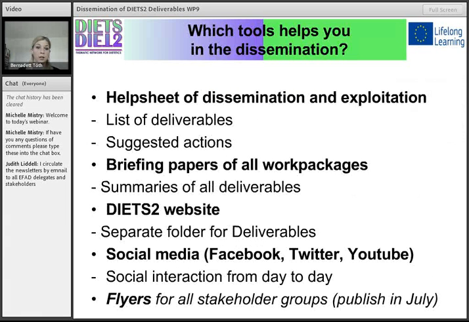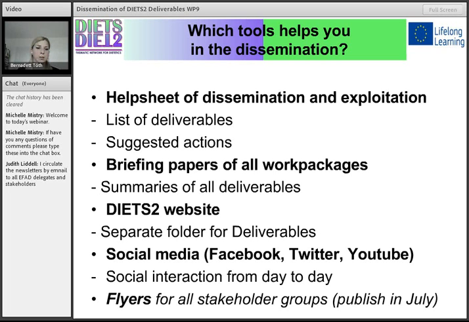We have worked out tools which could help you in the dissemination, because I've just listed how you could disseminate the Diets2 deliverables, but we have worked out a help sheet for not only dissemination but exploitation as well. It contains not only the list of deliverables but also the suggested actions, the examples of dissemination I have just talked about. We have worked out briefing papers of all work packages.